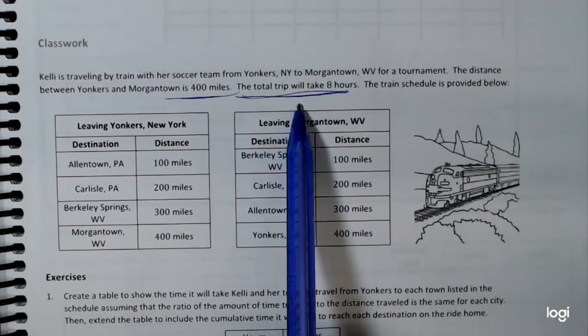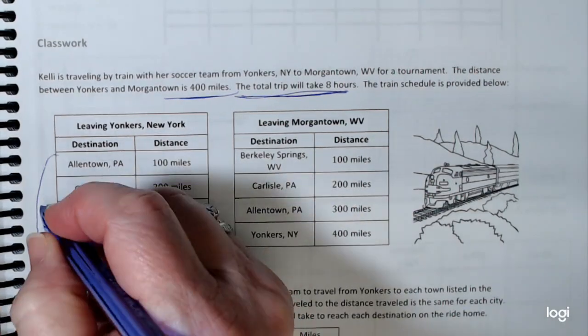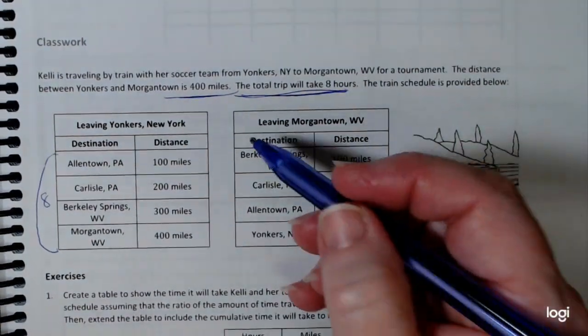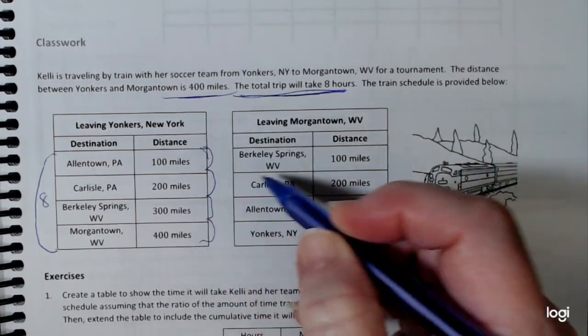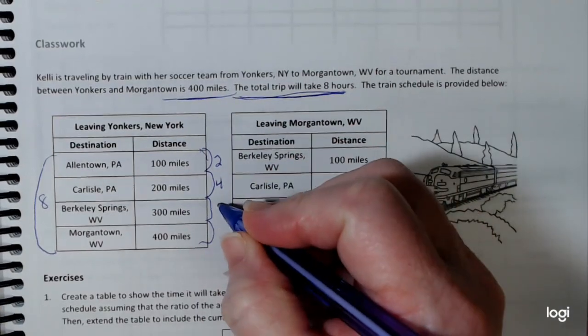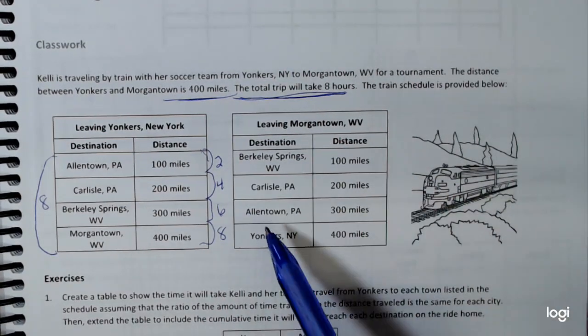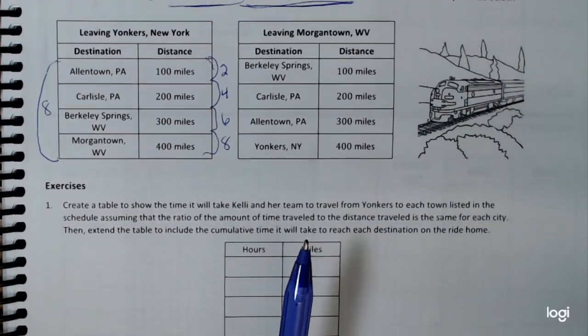Now, the trip will take 8 hours. So that means from here to here is 8 hours. If you notice, we have 1, 2, 3, 4. So to me, it would be 2 hours, 4 hours, 6 hours, and 8 hours. Okay, makes sense. We're going to go down here and make a table.